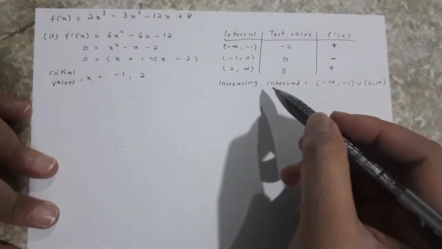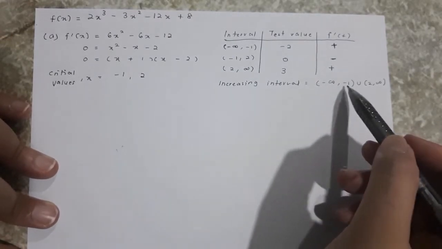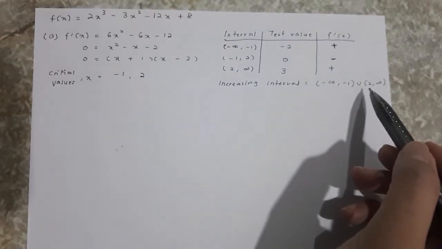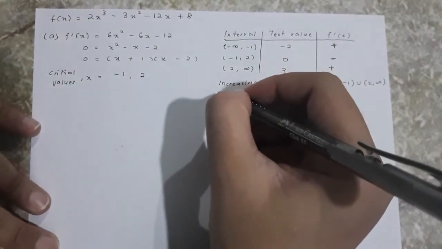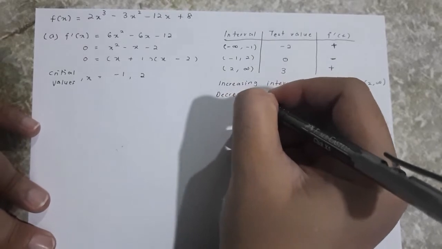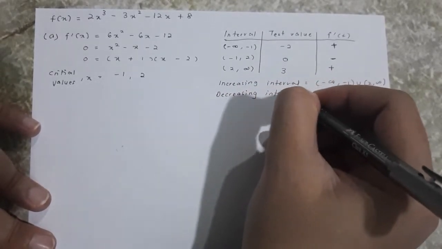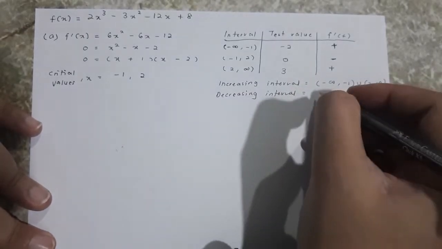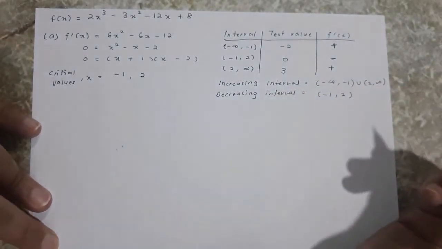So the increasing interval are negative infinity, negative 1 union 2 to positive infinity, then the decreasing interval is -1, 2.